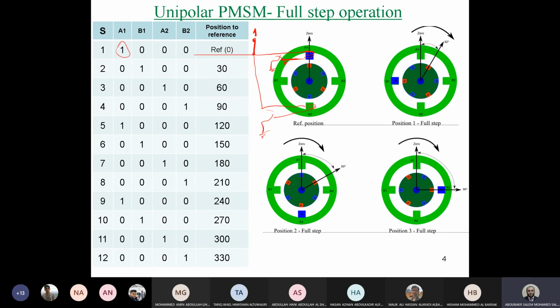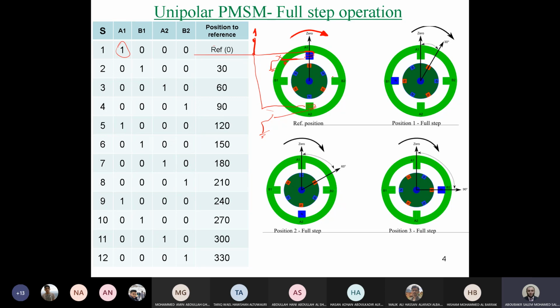When we need to energize another tooth, for instance, B1, let's see together what is the possible tooth that we can energize. Now, if we need to move the motor in that direction, which tooth can be energized?